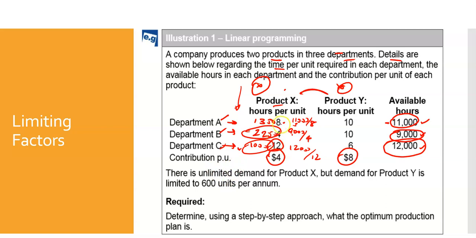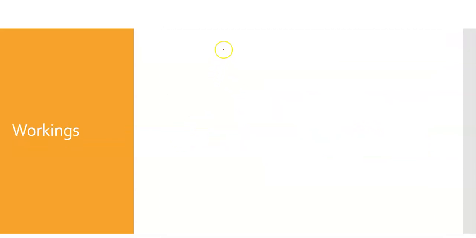So what we need to do is to graph these and see what this relationship looks like. So the first thing I'm going to do is show you what I'm saying here ultimately, which is that in Department A, I could make only units of X with my 11,000 hours and make no Y's, or I could make 10 units.